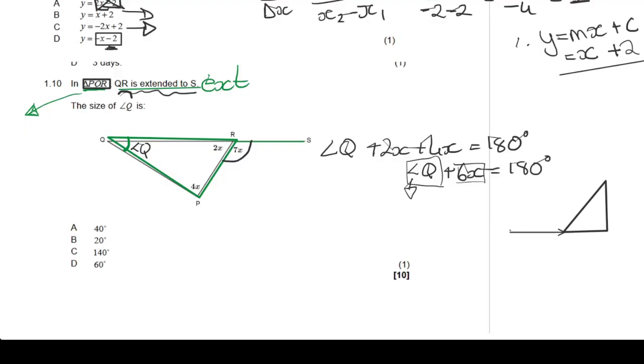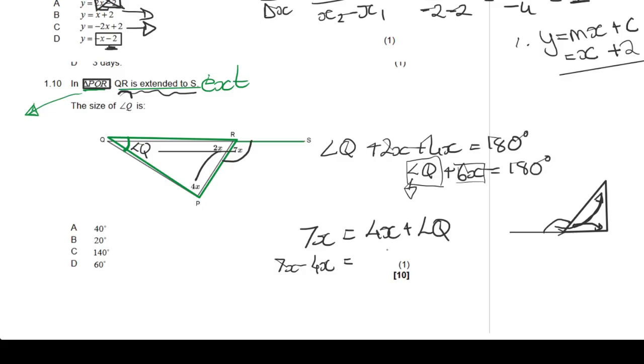The exterior angle of a triangle, this one, is equal to the sum of the interior opposite angles. So 7x is equal to 4x plus angle Q. Let's bring it to that side, so that will be 7x minus 4x is equal to angle Q. What's 7 minus 4?